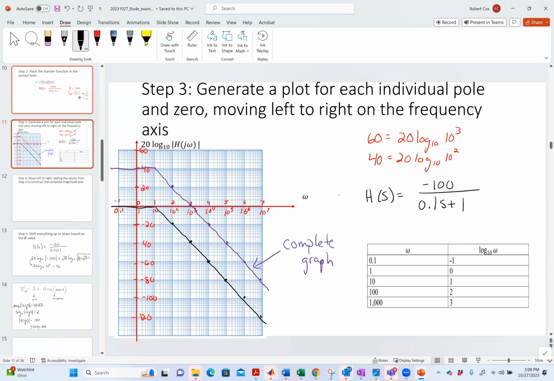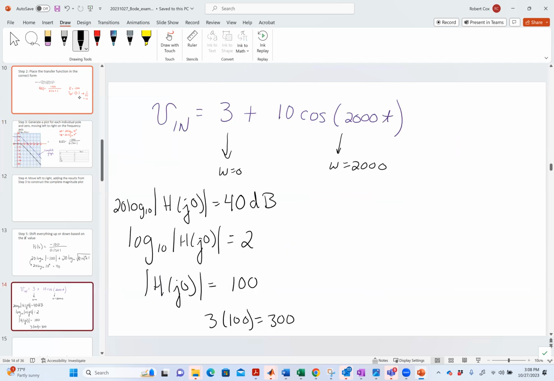So here's what I would do. What's the value at 10 to the 3rd? 0. So if I want to figure out what it was at 2,000, I would say 0 minus 20.